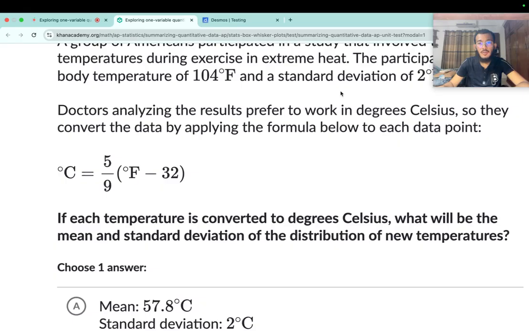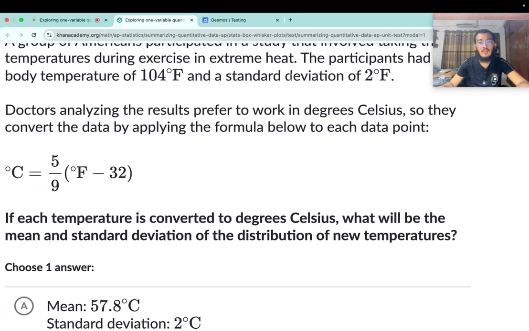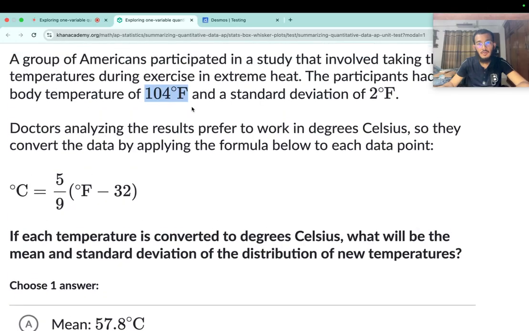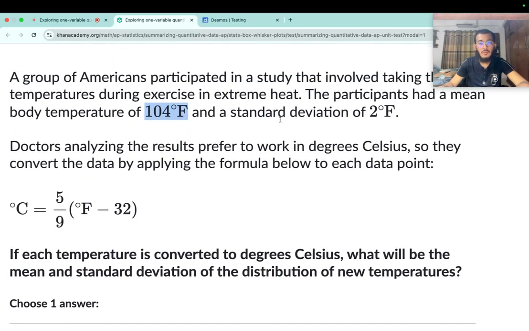Standard deviation refers to how far the spread is from the mean, or from each data point, the relative distance.